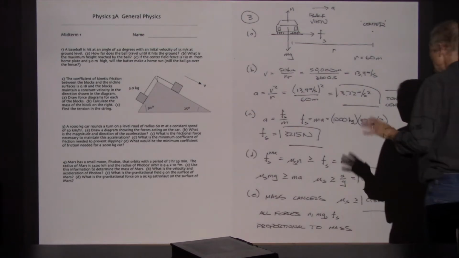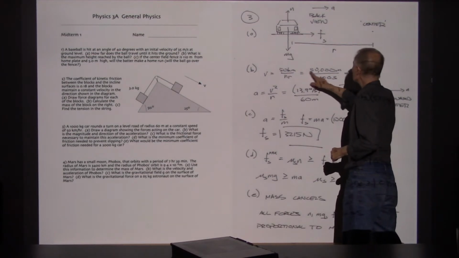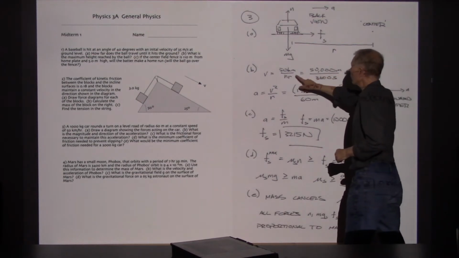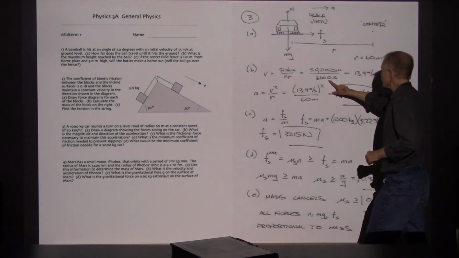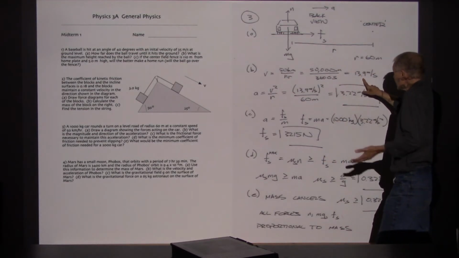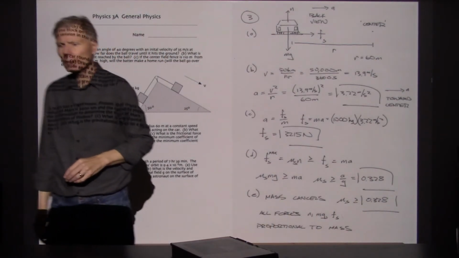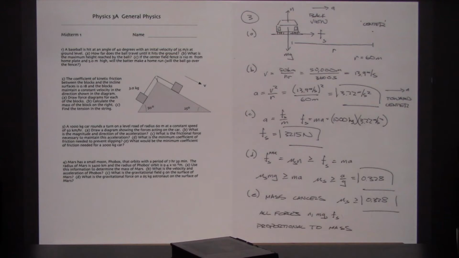One way to do that we've looked at in class, the 50 kilometers is 50,000 meters, and 1 hour is 3,600 seconds. That gives me, for a velocity in standard units, 13.9 meters per second. That's going to be like 30 miles an hour or something.